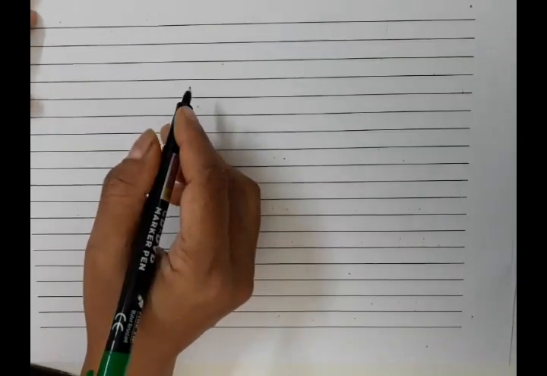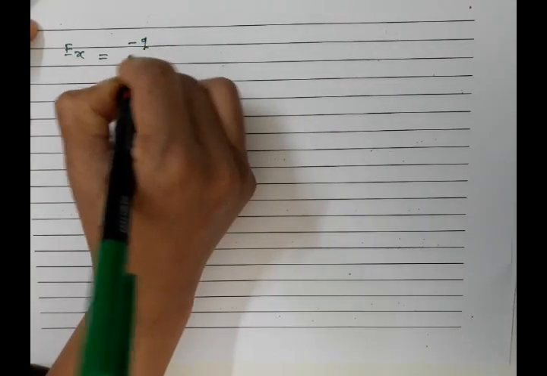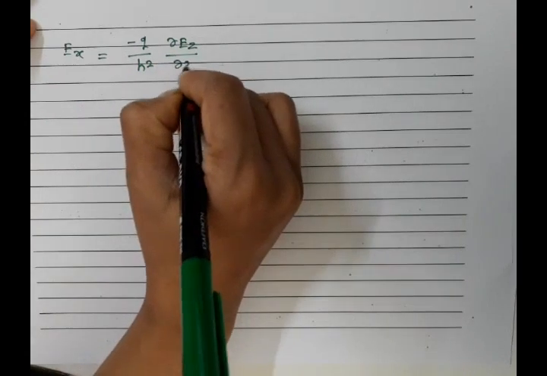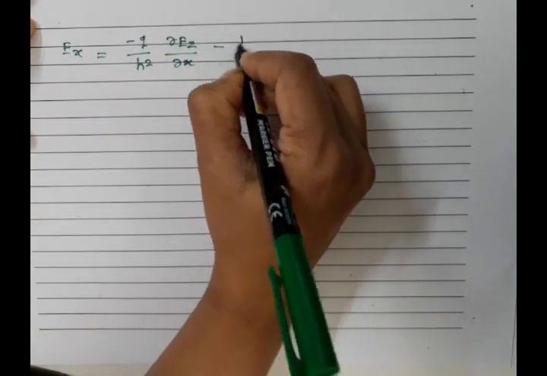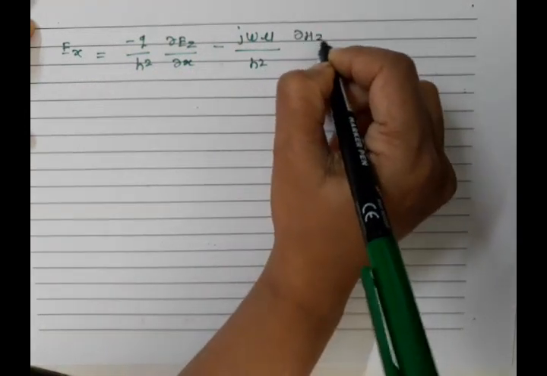So let us take a revision of our rectangular waveguide. I'll write the Ex component over here. Ex is nothing but minus gamma by h square d of Ez dx, minus j omega mu by h square d of Hz dy.